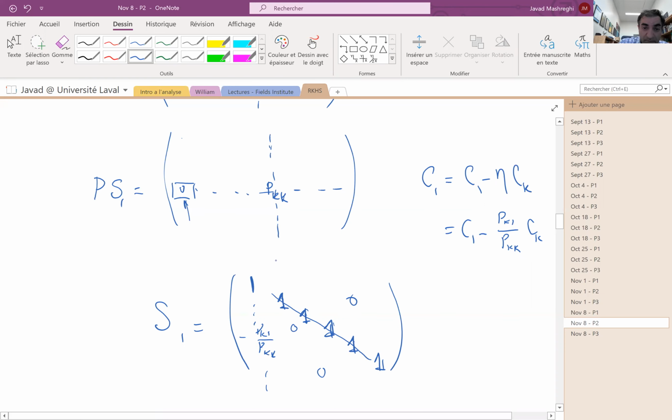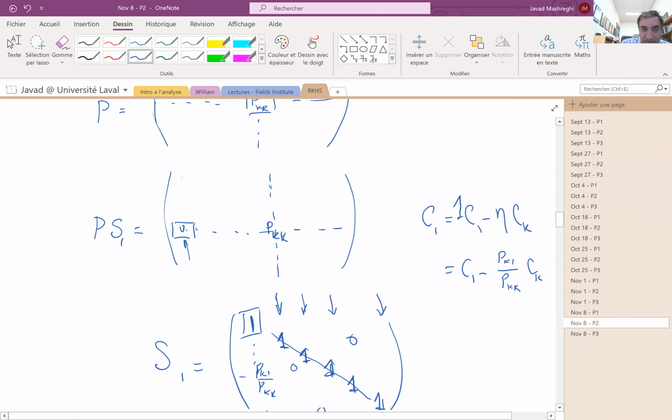So when you look at column 2, column 3, up to column n, it's just E2, E3, En. So when you multiply S1 by P, column 2 doesn't change, column 3 doesn't change, and column n doesn't change. But column 1 changes. Column 1 is 1, which is used here, times column 1 minus this eta times column k. And eta is adjusted such that when we do the multiplication, the result here is equal to 0.